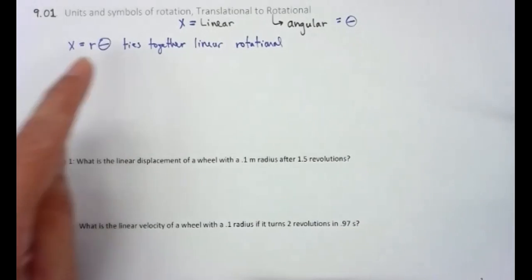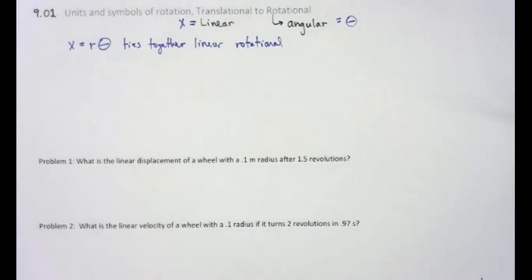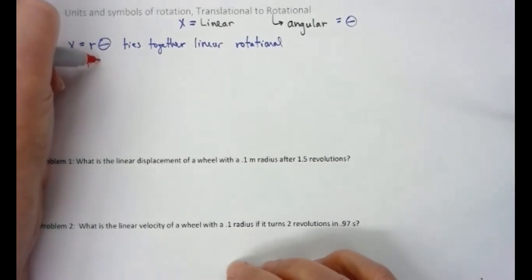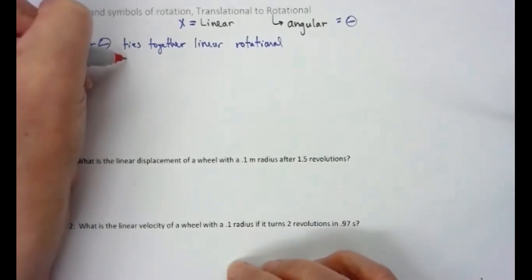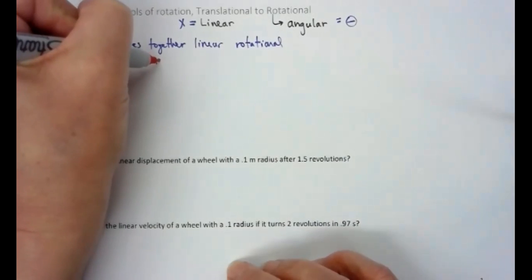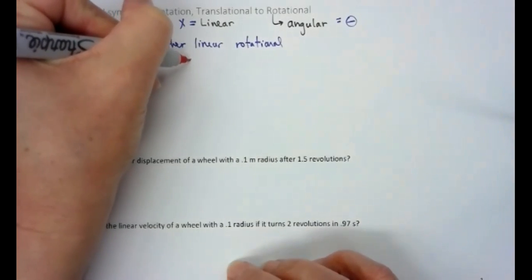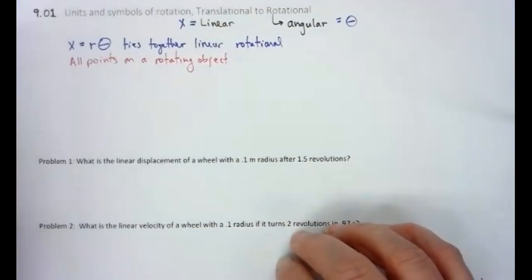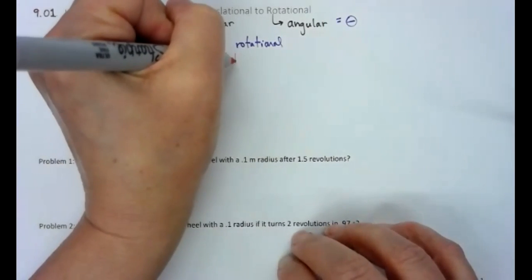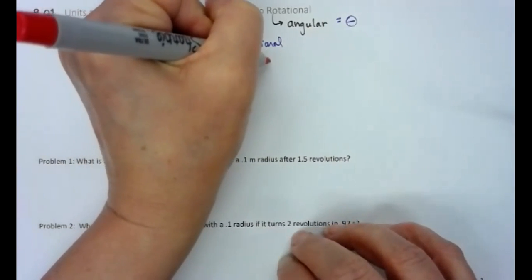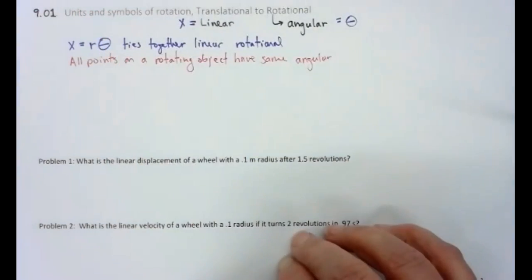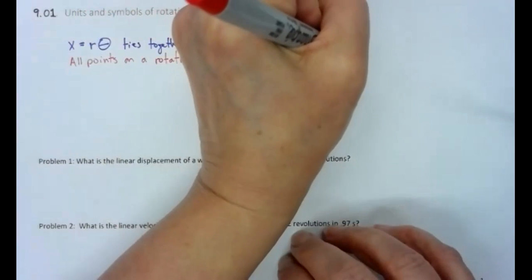So all points, I'm going to write this in red because it's important, all points on a rotating object have the same angular values.